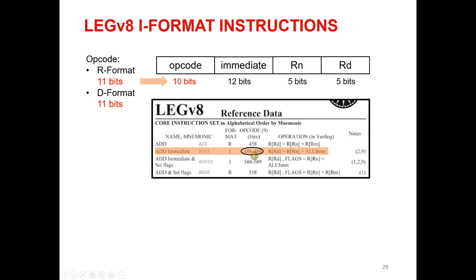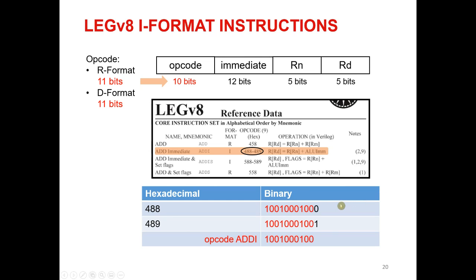Okay, we have two numbers. Why do we have two numbers here? We have two numbers because we are saying that any operation starting with those 10 bits will refer to an ADDI.